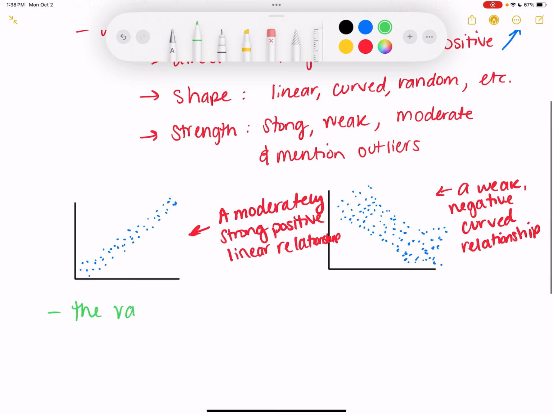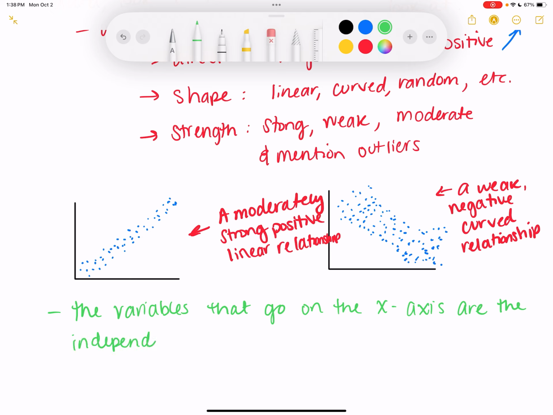The variables that go on the x-axis are the independent or predictor variables.